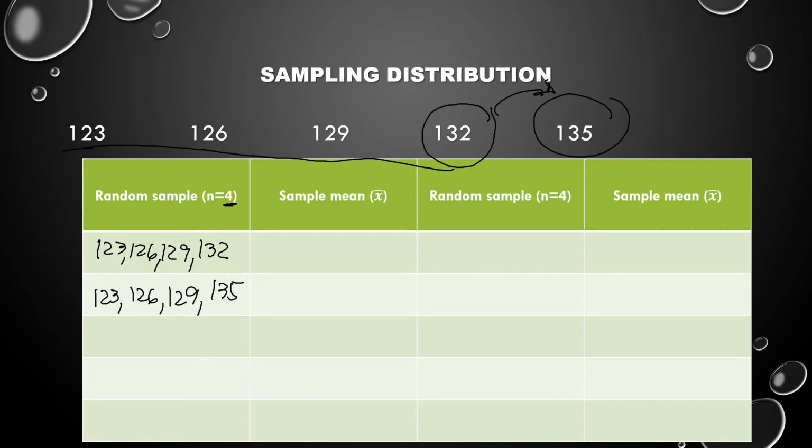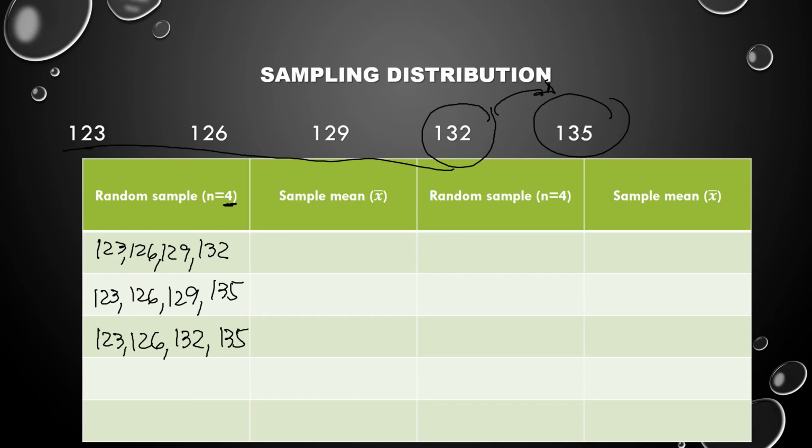Now we have 135 as the last number. That means we're changing one number here, and that will be the third number. So changing that, we have 123, 126. From 129, we change this number to the next number in the given, which is 132. And the next number is 135. Notice we have 135, and again, this is our guide to know when to change our numbers.